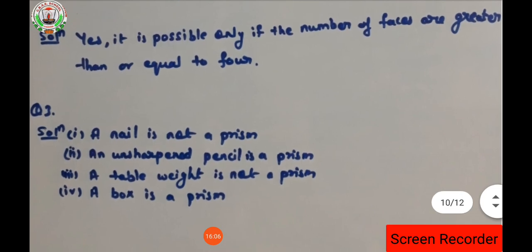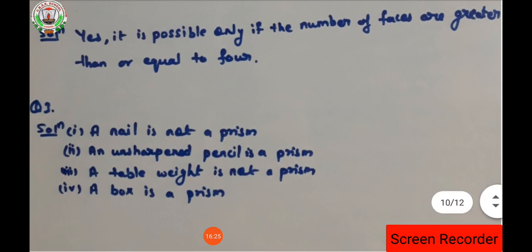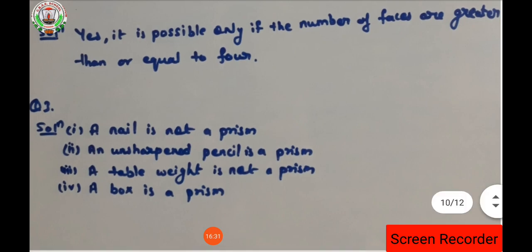In question number 3, you have to identify which one is a prism among the nail, some unsharpened pencil, a table and a box. As I told you while explaining the question, a nail is not a prism, an unsharpened pencil is a prism, a table weight is not a prism, then a box is a prism.